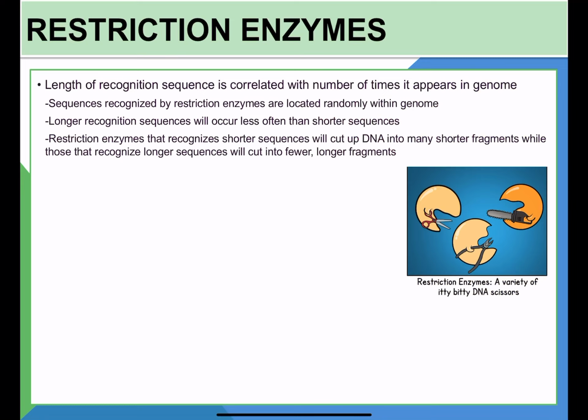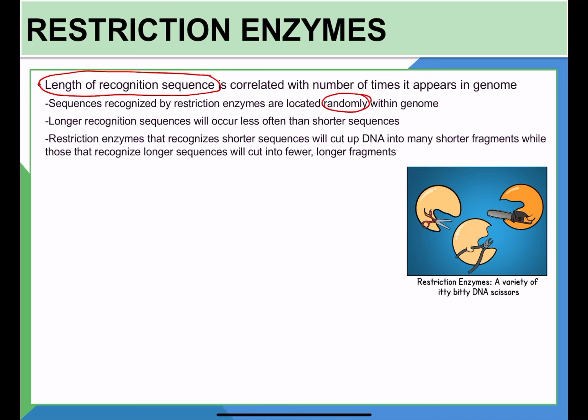Okay, now interestingly, the length of the recognition sequence, or the restriction site, actually gives us an idea of how many DNA fragments we will likely get if we allow a certain restriction enzyme to cut genomic DNA harvested from our cells, for example. Note that the sequences that match the restriction sites of different restriction enzymes are random.